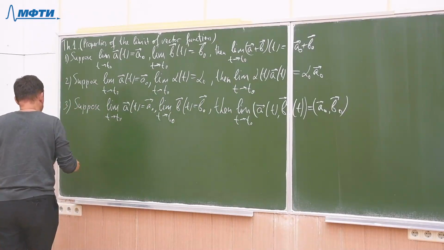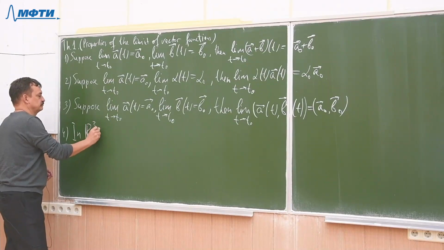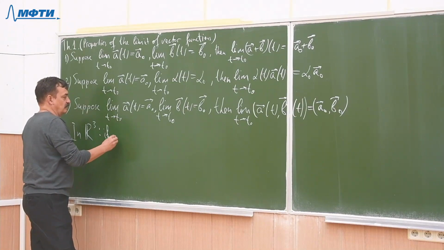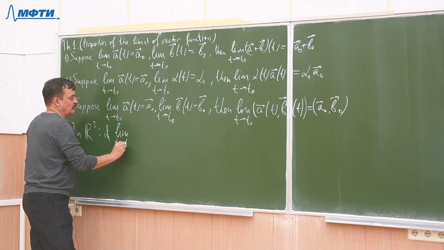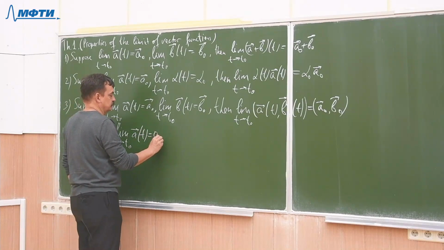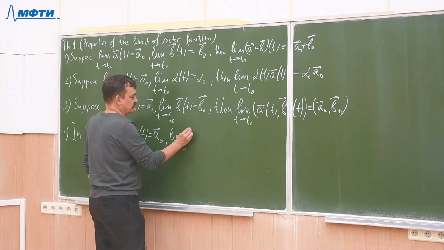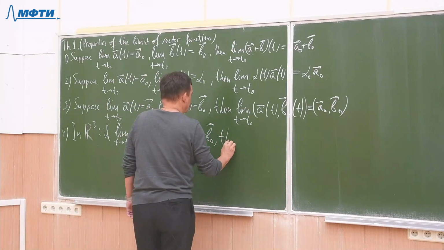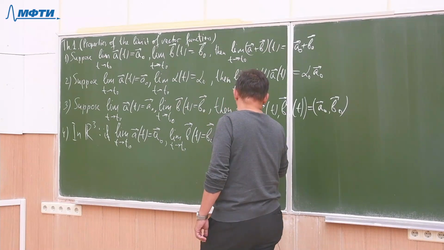The last property is valid only in R3. So if, like before, limits of vector functions in R3 are given, then the limit of the vector product is given as the vector product of limits.